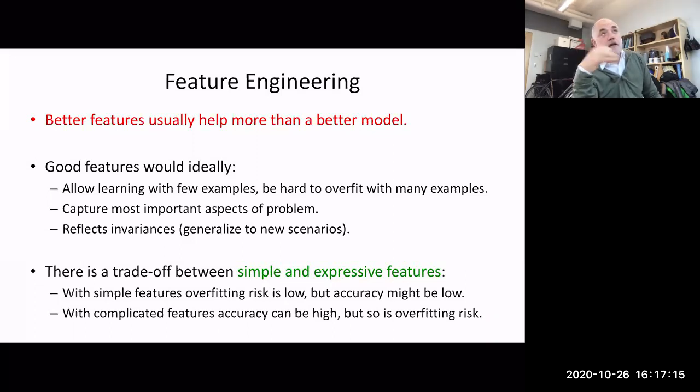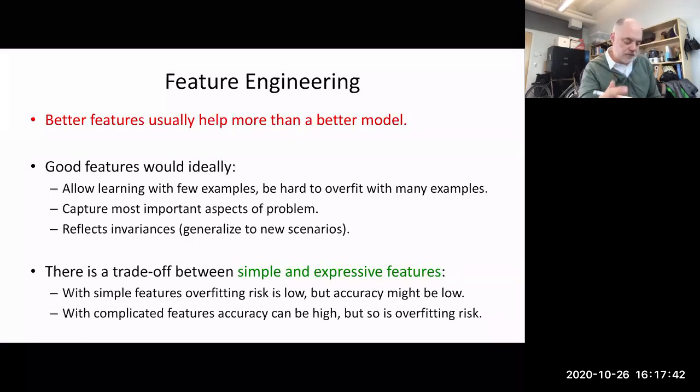And if the features that you engineer for a particular problem encode the same kind of invariances that the classification problem has, then that's good and will help generalization performance, because the features themselves will be invariant to the same invariances that the classification problem has.